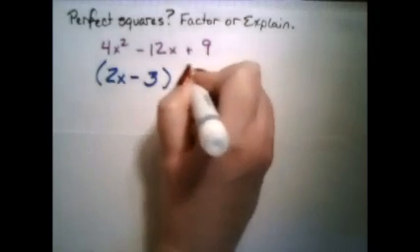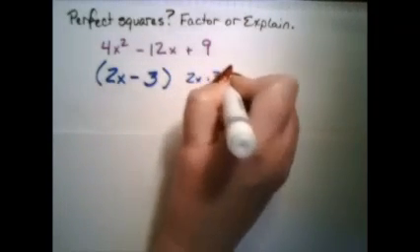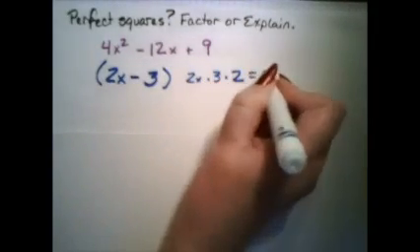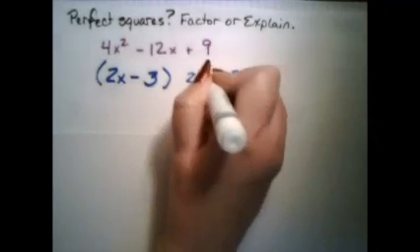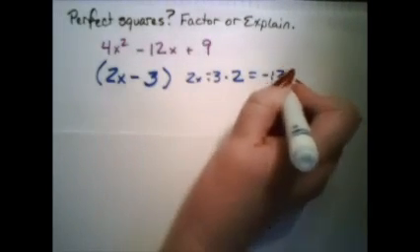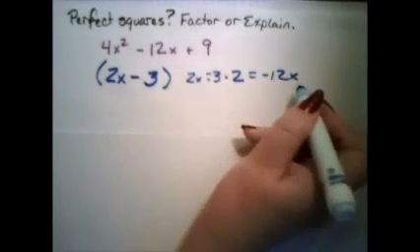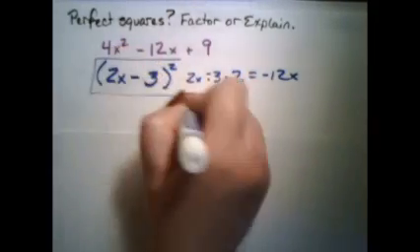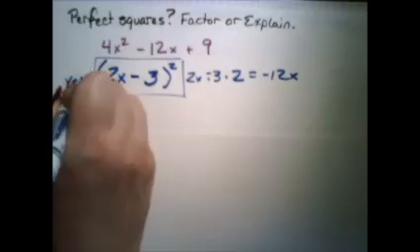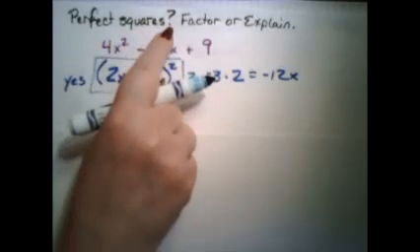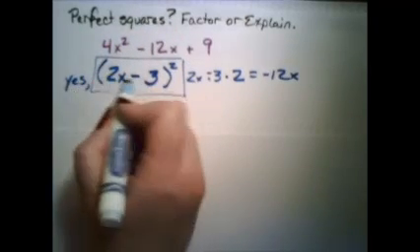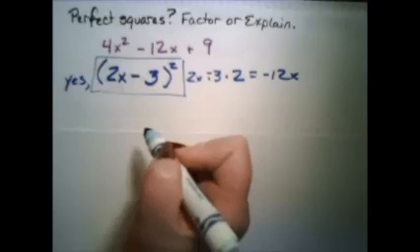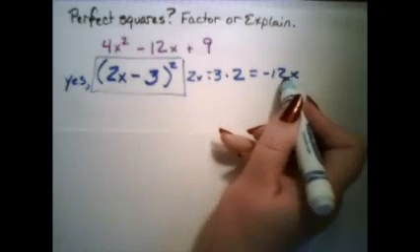And does 2x times 3 times 2, and that's a negative 3, equal negative 12x? Yes, it does. So our answer is yes. Is it a perfect square? Yes. And here it is. We've factored it. And we've proven it.